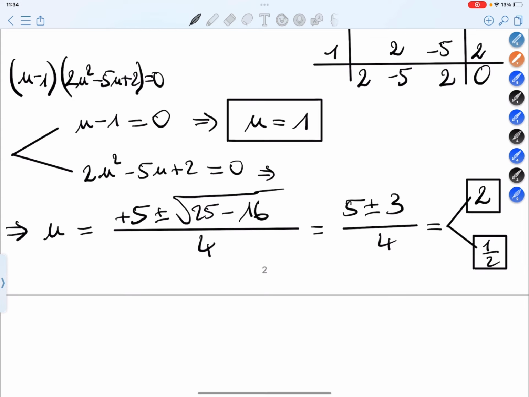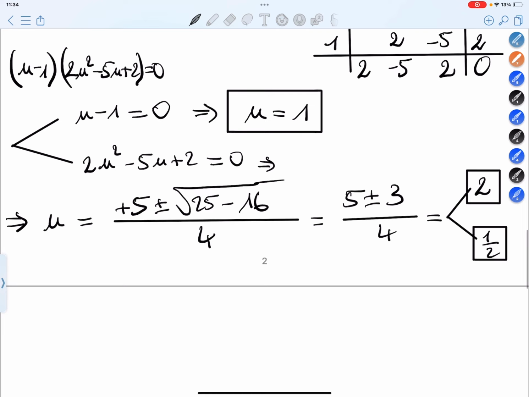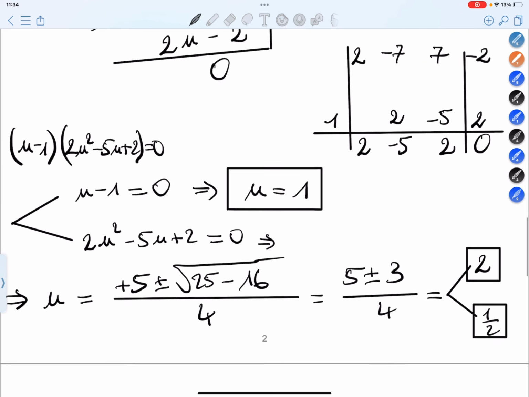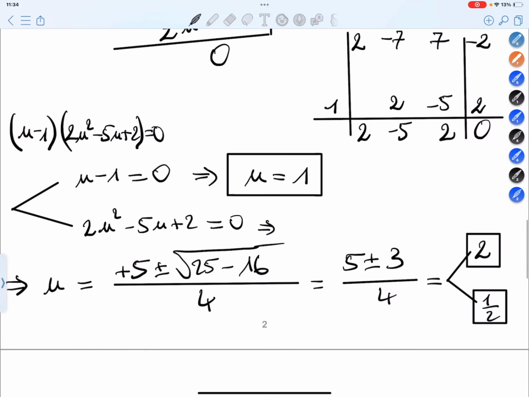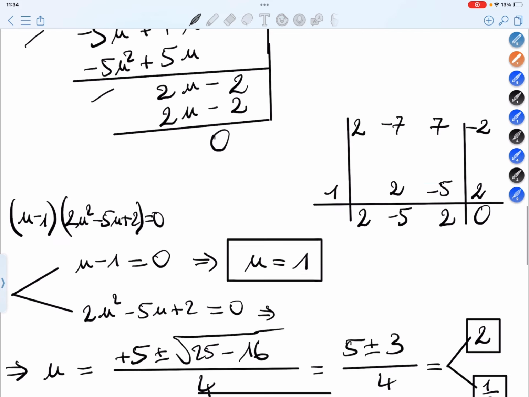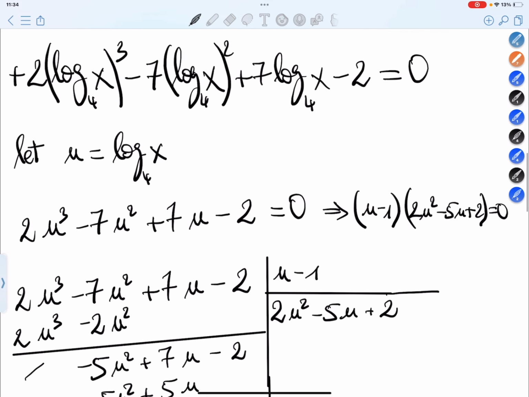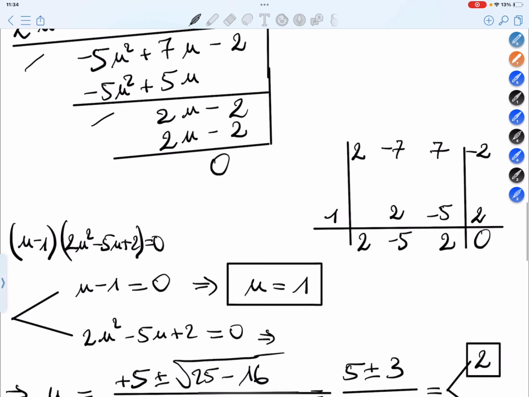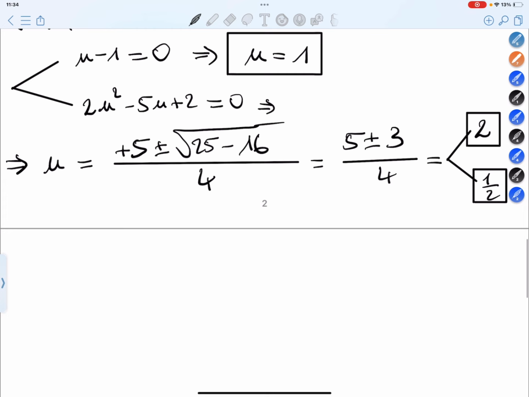Have we finished yet? No, we haven't, because we have here u, and our goal was to find x. But if we go back, we let u to be log base 4 of x, so we're just gonna substitute.